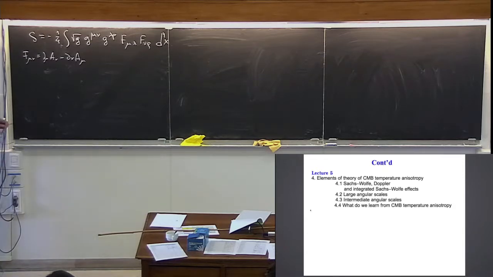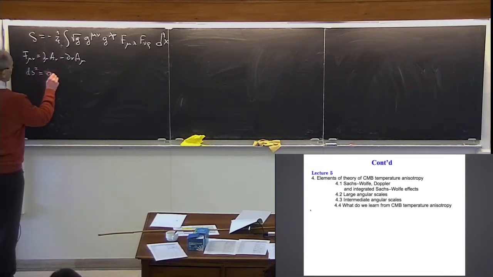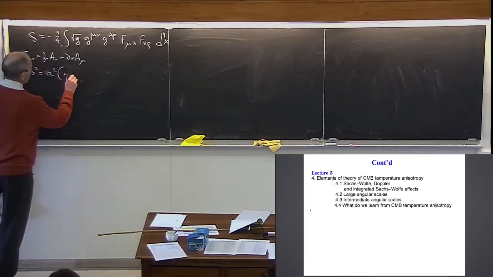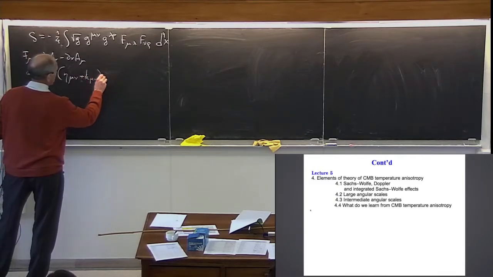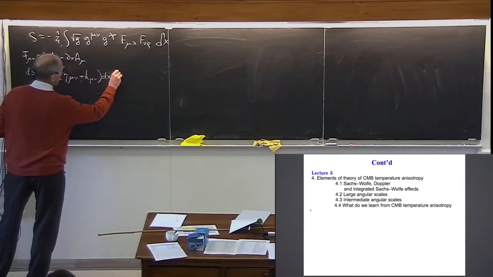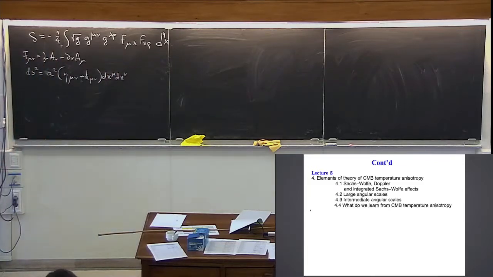Now, the first point is that we were considering a metric which was ds² equal to a² (η_μν + h_μν) dx^μ dx^ν. But in fact, if we plug this in here, the a factor will drop out, right?